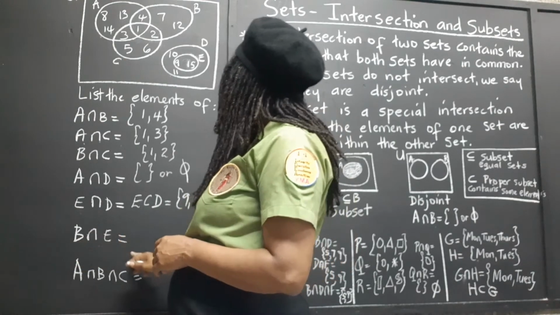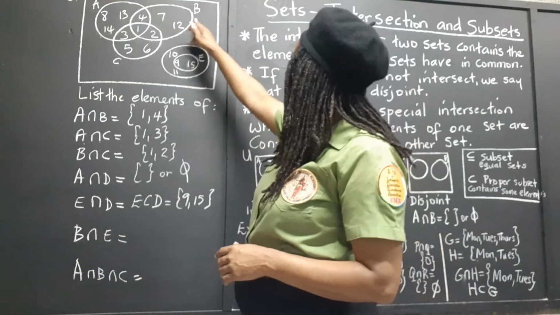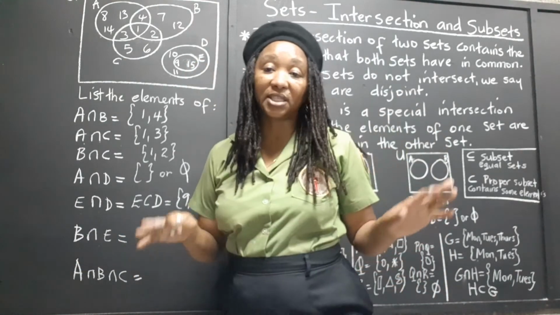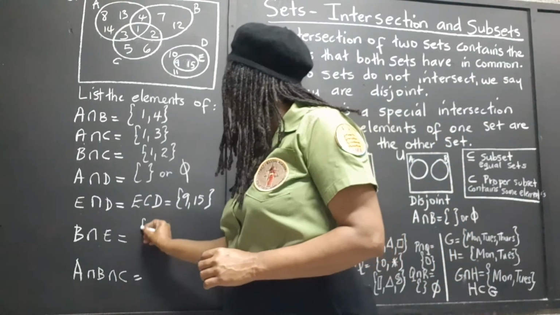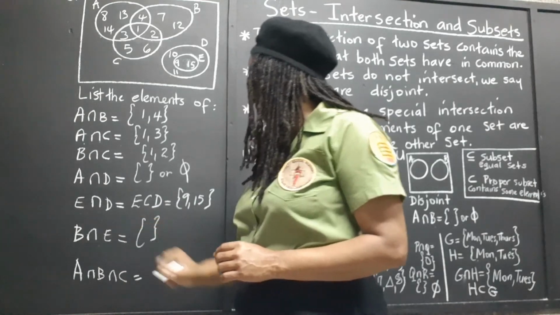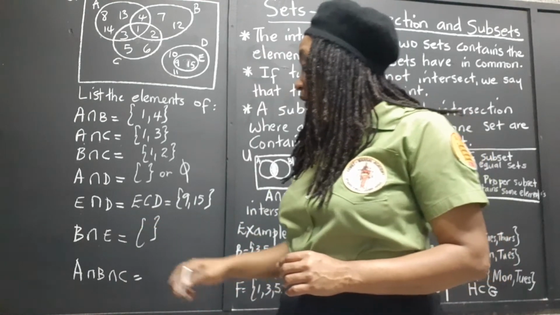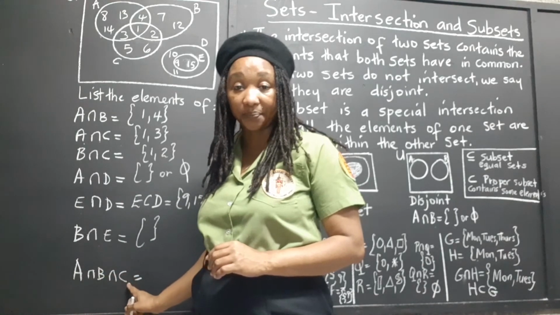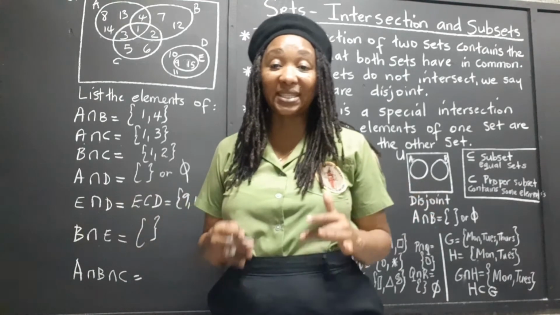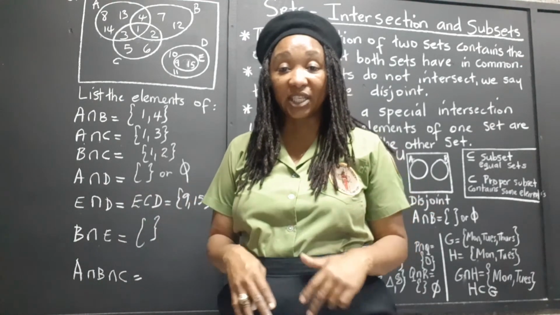B intersect E. Again, B and E do not cross each other. They do not intersect, so their intersection is the empty set. How about A intersect B intersect C, where the three sets cross each other?